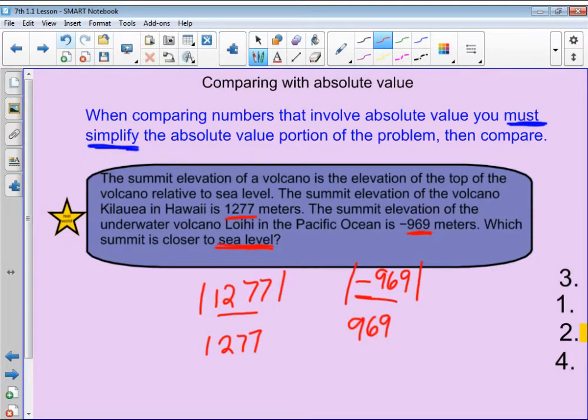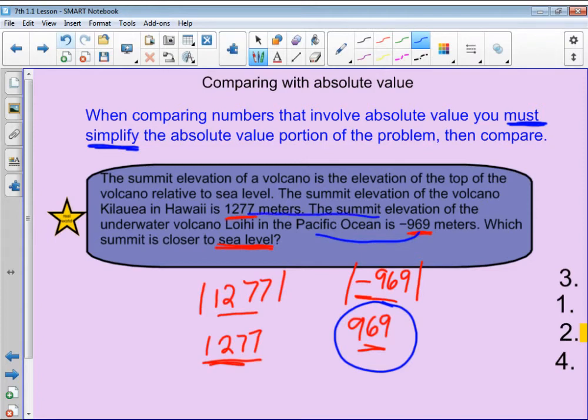So if you were to put these in order, with zero being one of the three numbers, which of these two numbers would fall closest to zero on the number line? Your 969. So to answer the question, which summit is closer to sea level? Well, it's the one in the Pacific Ocean. So this would be our correct answer. That's just using real world problems and absolute value.